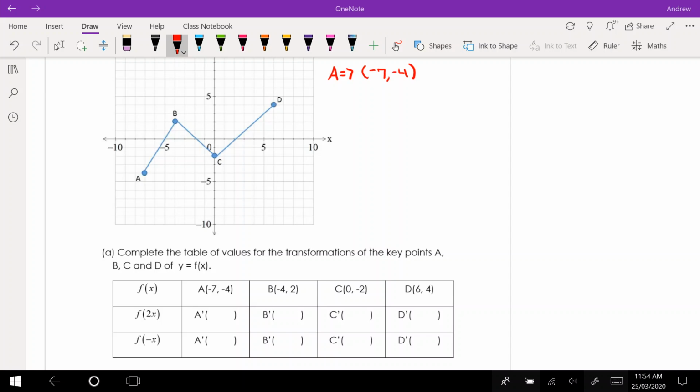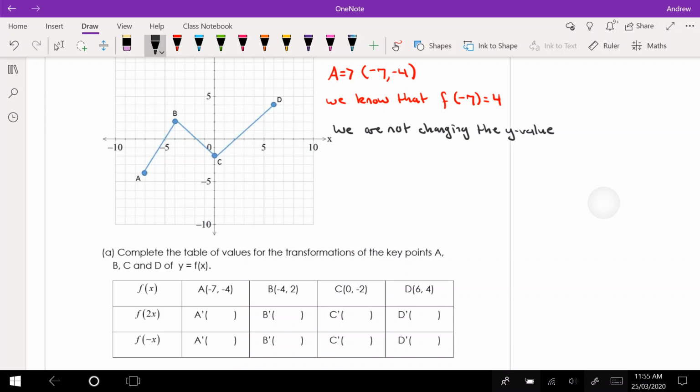And we know that f of x, so f of -7, is equal to 4. That's how all of this works. We are not changing the y value, because we know we're affecting x if we're inside of our brackets.